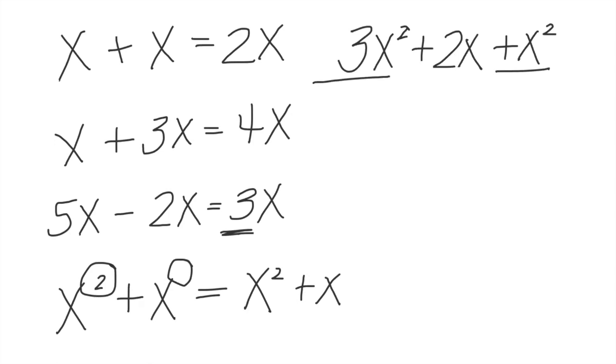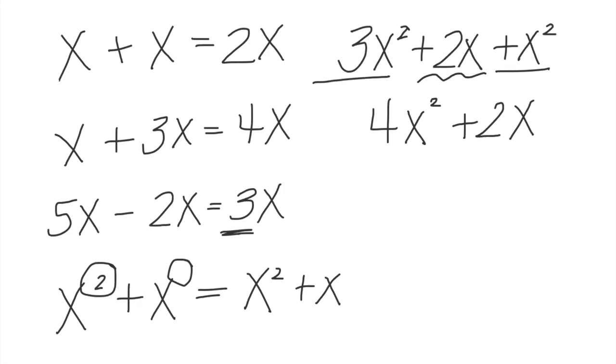So here we have 3 plus 1, that gives us 4x squared. Notice that the variable stays the same and the exponent stays the same. It doesn't change. All we're doing is adding the numbers in the front, okay? And that's 4x squared plus 2x. The 2x stays the same because there's nothing to add it to, okay?